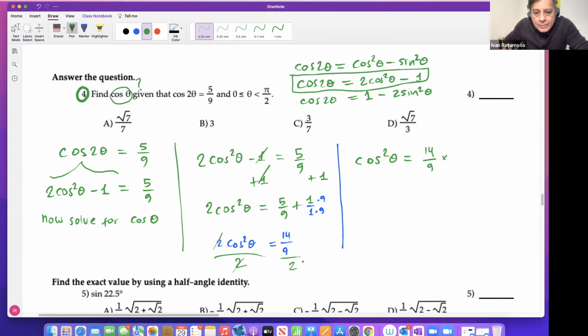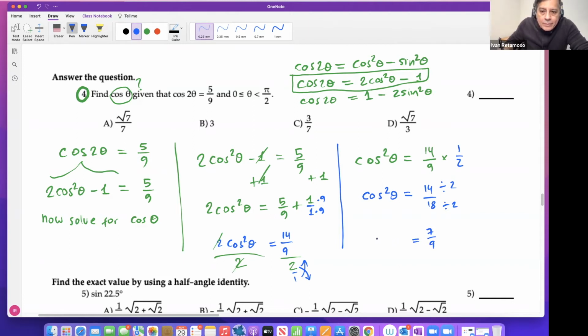Remember, when you divide by a fraction, we end up flipping the fraction and multiplying, so times 1/2. This is 14, this is 18. 14/18, simplify, 7/9, right?